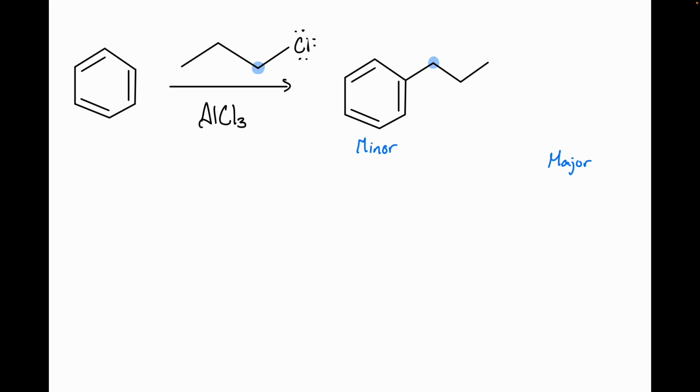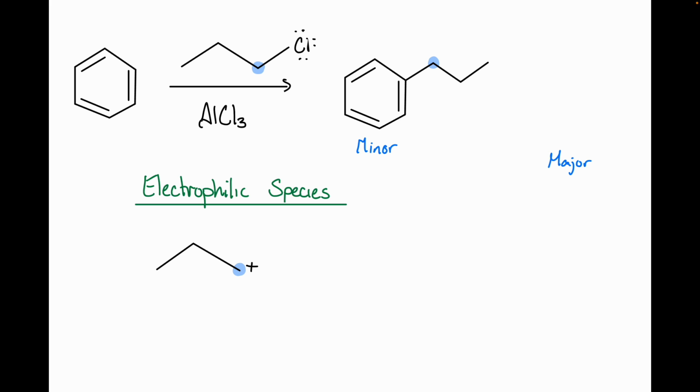Let's draw our electrophilic species again. Okay, I'm going to remove that chlorine and put that positive charge. But what's going to happen to our carbocation intermediate here?